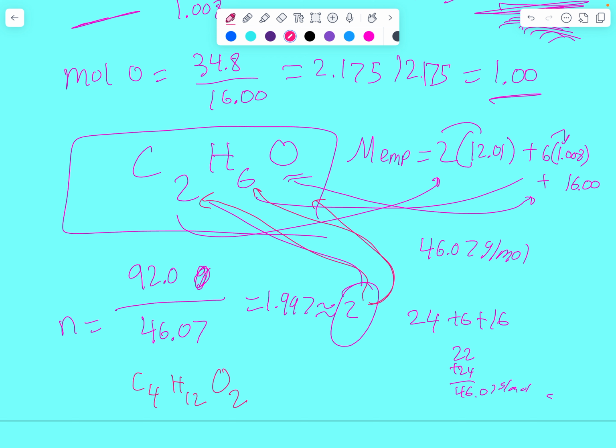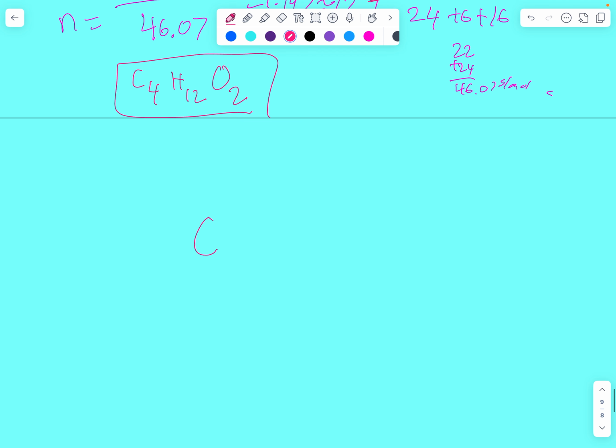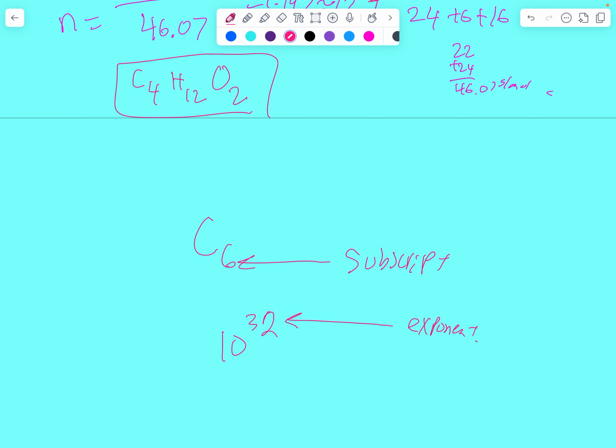Multiply every subscript by 2, and that gives the molecular formula. So C4H12O2. And just a quick reminder, you guys, if I said C6, this is a subscript. And then if I'm like, oh, 10 to the 32nd or something, if I raise to something, that's an exponent. Just be super clear about that.